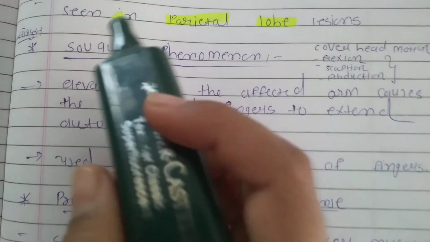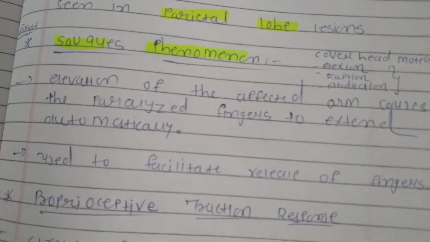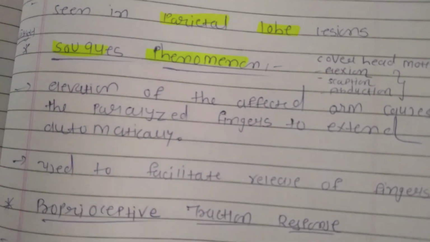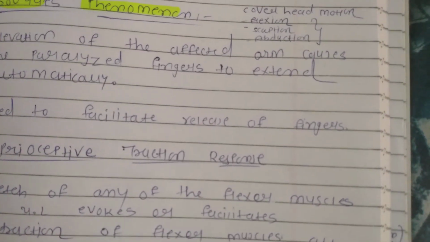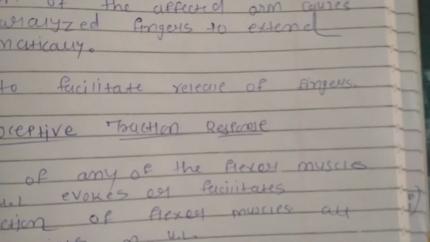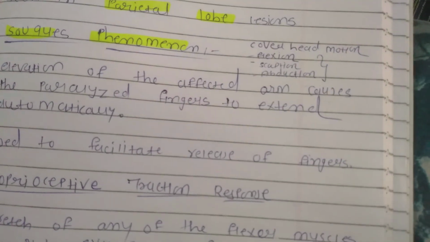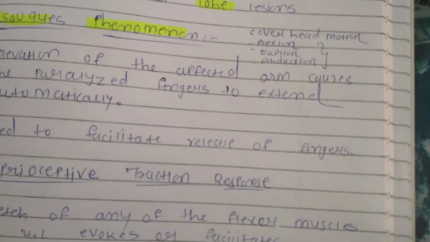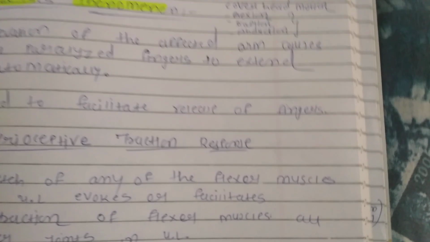And another one is Souques phenomenon. The name is quite different. Elevation of the affected arm causes the paralyzed fingers to extend automatically. If we ask the patient to do elevation of the shoulder, there will be extension of the fingers.